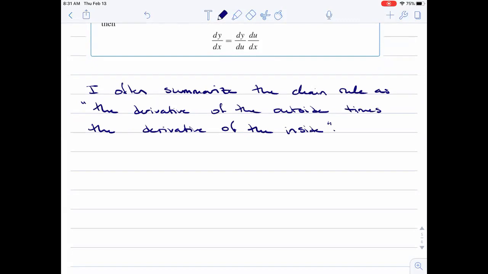Outside, inside. It's missing some components, but at least it's a reminder to me of what I need to do. So if I've got a function wrapped around another function, then I have to take the derivative of the outside, leaving the inside as it is, and then multiply it by the derivative of the inside.